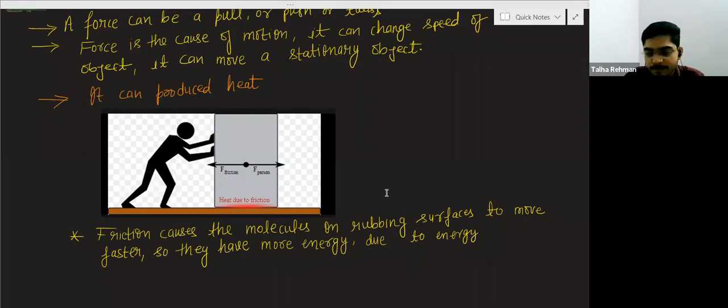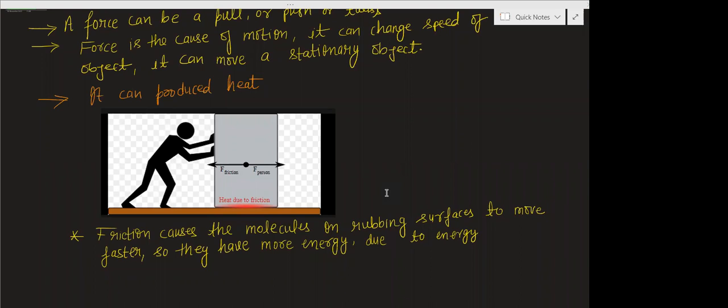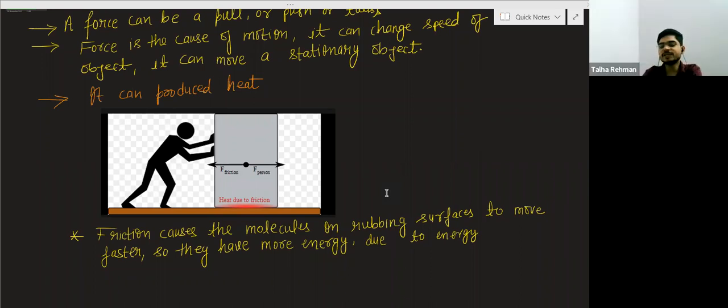You can take the example of boiling of water. In boiling of water, heat energy is supplied to the water. So the water molecules get energy, and due to that energy, the temperature of the water increases.